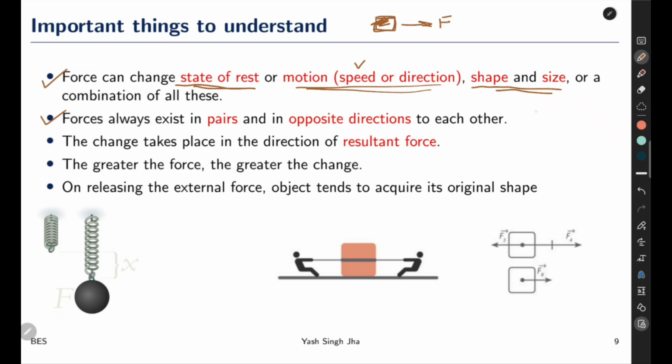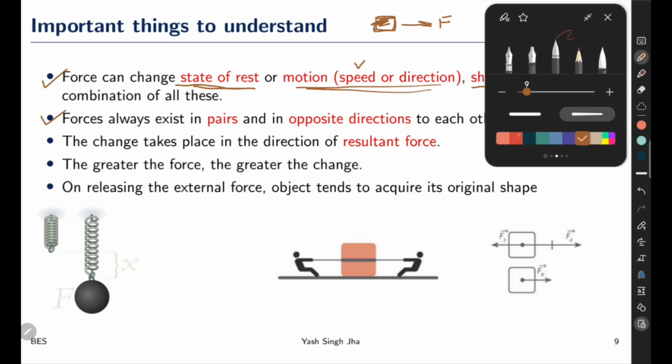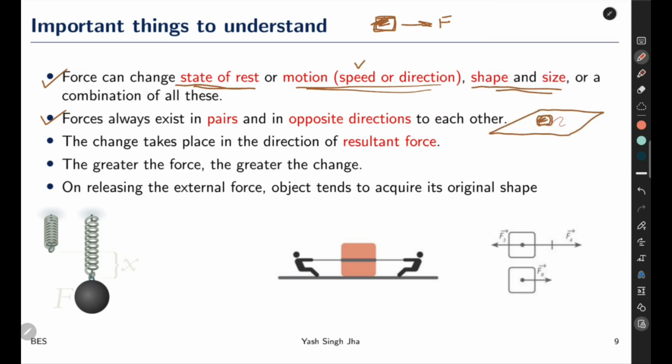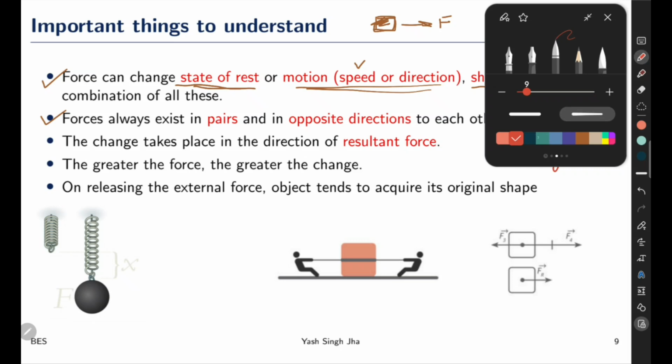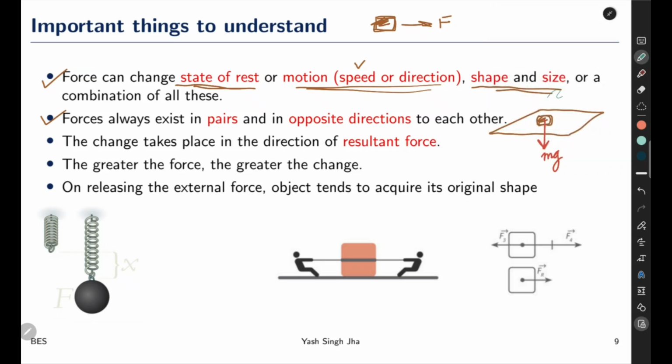What is an example? There is a table, and on the table there is a book. The book is kept on top of the table. The book has a weight, which is vertically downwards, and the table applies a normal reaction force.